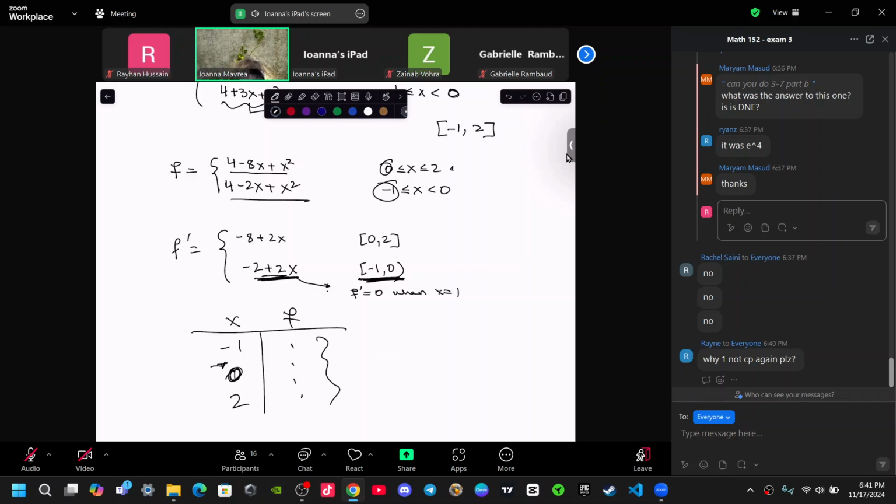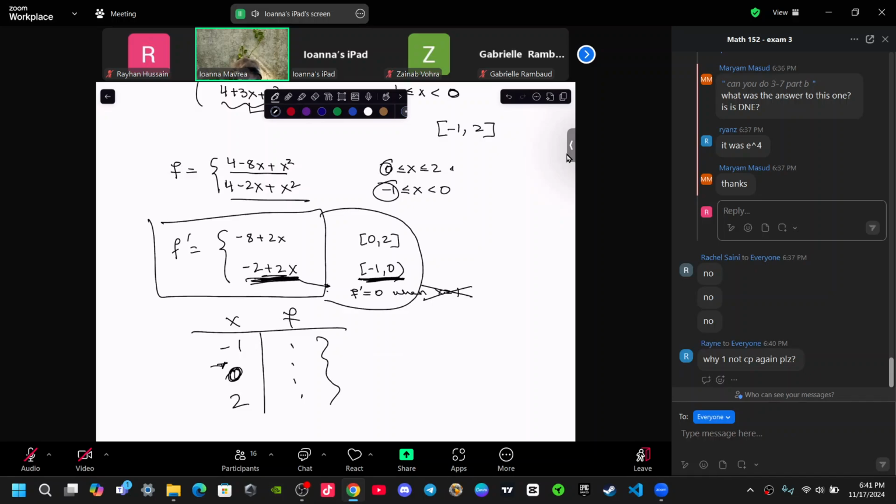So this piece does not talk about positive numbers, positive x's. Doesn't go there, right? So when you write the derivative, you can't write it this way. You need to include the domains of the two pieces, right?